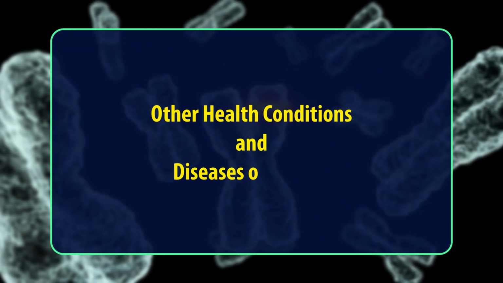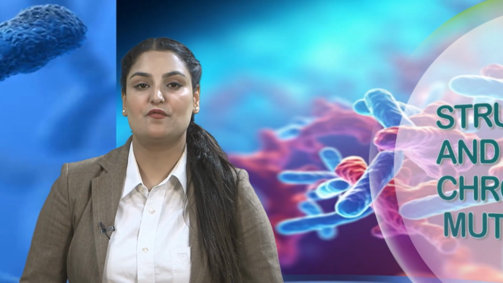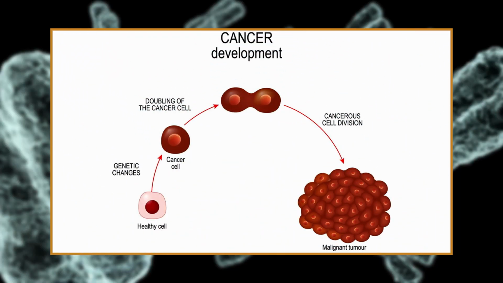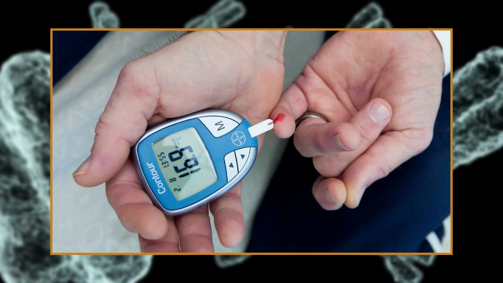Other health conditions and diseases of humans: some chromosomal mutations can increase the risk of developing non-inherited diseases, including cancer, caused by mutations that lead to uncontrolled cell growth. We see that in lung cancer, breast cancer, or blood cells.